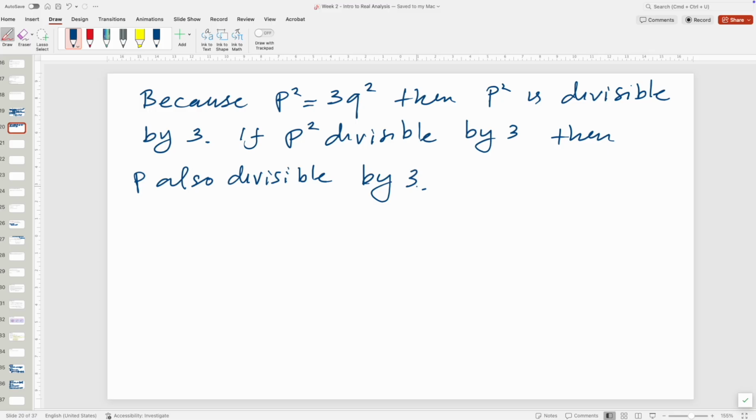Is this statement true? And if not true, can you give an example that rejects or makes this statement wrong?